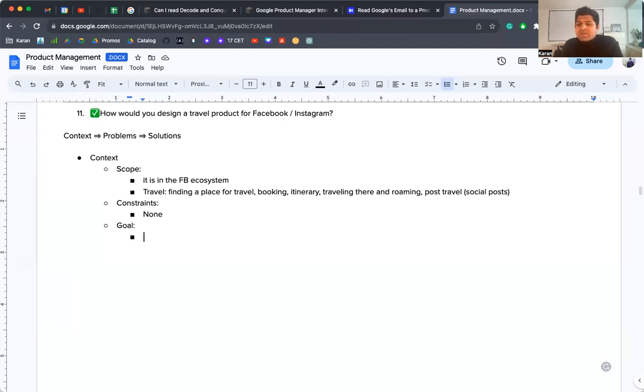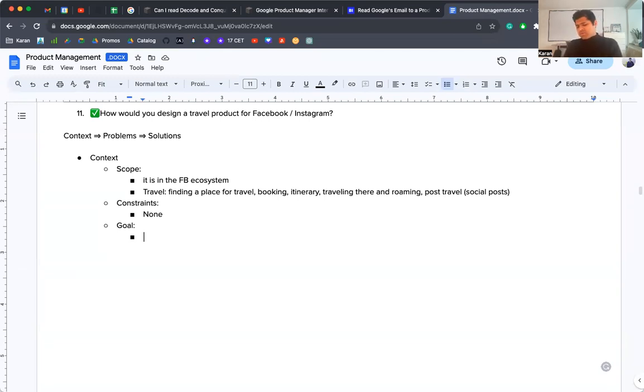So I think it could be very profitable or even quite engagement driven for Facebook or Instagram to not only portray the social media content related to travel, but take a step ahead in terms of engaging our users to be there in Facebook and Instagram to explore any travel-related needs.